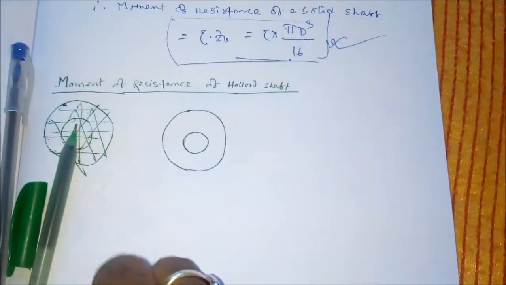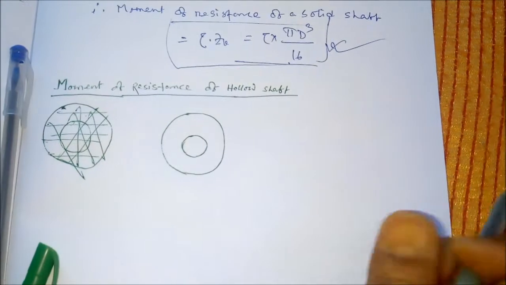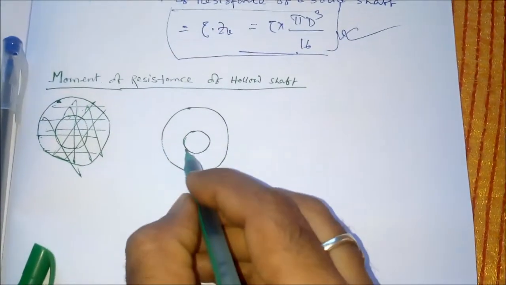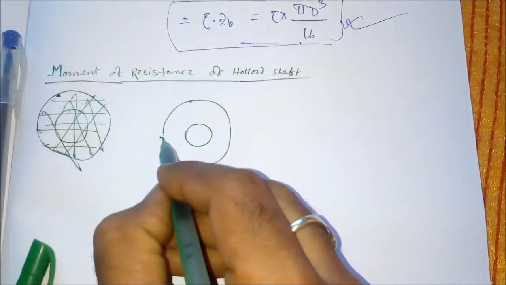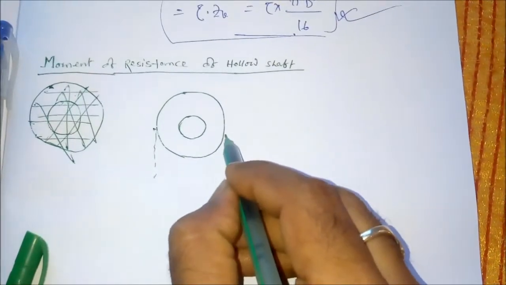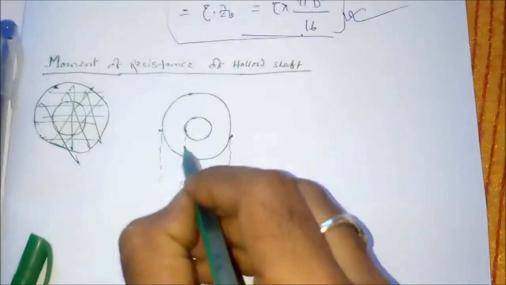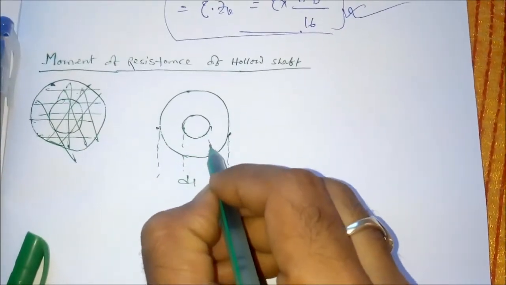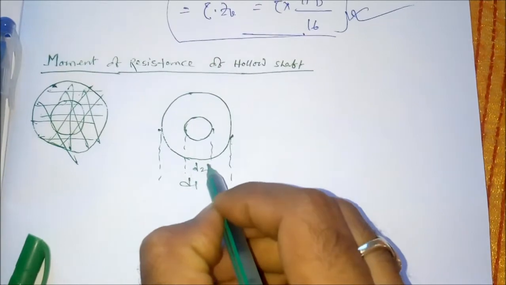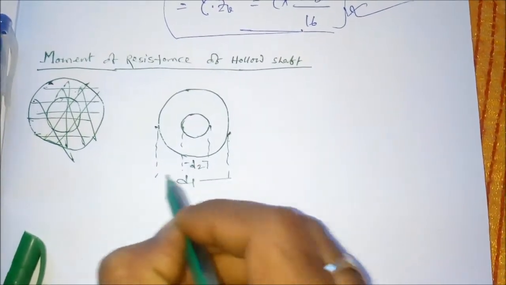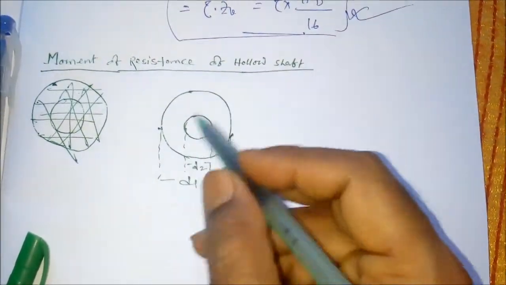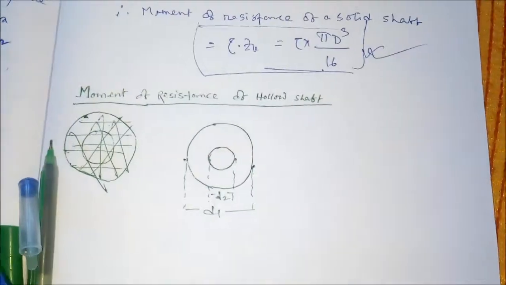Suppose this is a cross section of a hollow shaft having an internal diameter of d2 and an external diameter of d1. So this is d1 and this diameter is d2, right? What will be the moment of resistance for this particular case?